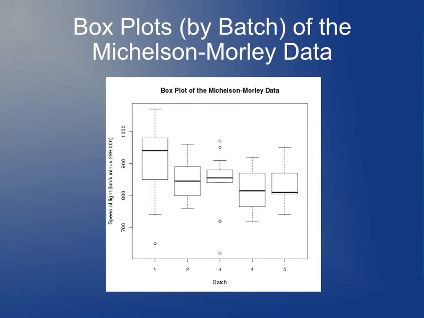Looking at the box plots by batch of the Michelson-Morley data, we can see batch 1 tended to be a little higher than the other batches. In particular, the most extreme observation that was marked as a possible outlier was in batch 1, and it does not show up as an outlier when you look at the batches separately.